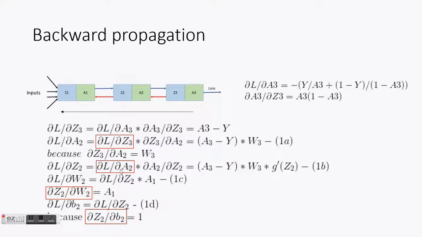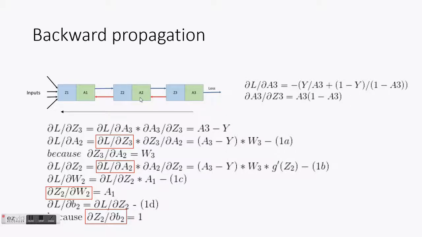Similarly, dou L by dou Z2 is dou L by dou A2 into dou A2 by dou Z2. Now dou L by dou A2 is (A3 minus y) into W3. This is what we saw in equation 1a.